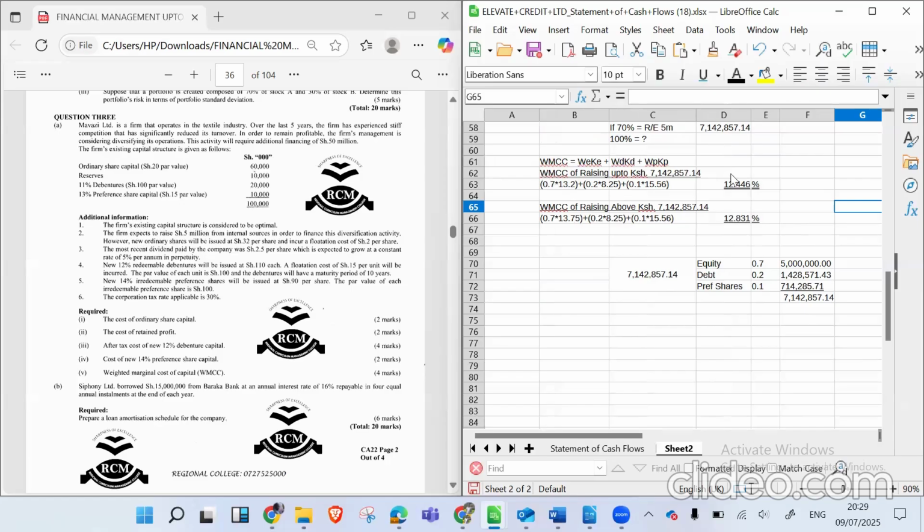So out of 50 million, I'll raise the 7.14 million, then I go and raise the balance above 7.14 million, up to 50 million, because I wanted to raise a total of 50 million. So I'll raise up to 7.14 million at a cost of 12.446. Then I'll raise above 7.14 million up to 50 million at a cost of 12.83. As you continue, the cost keeps increasing.